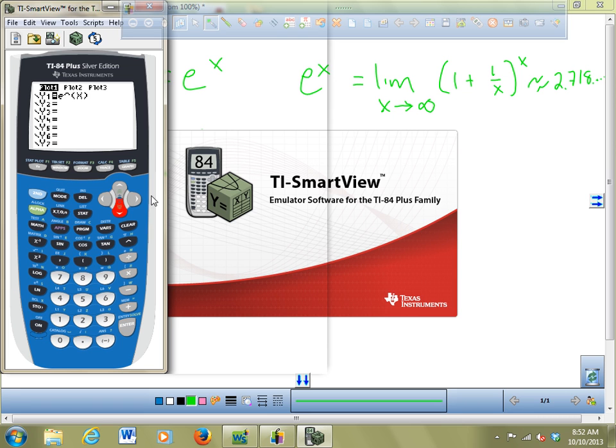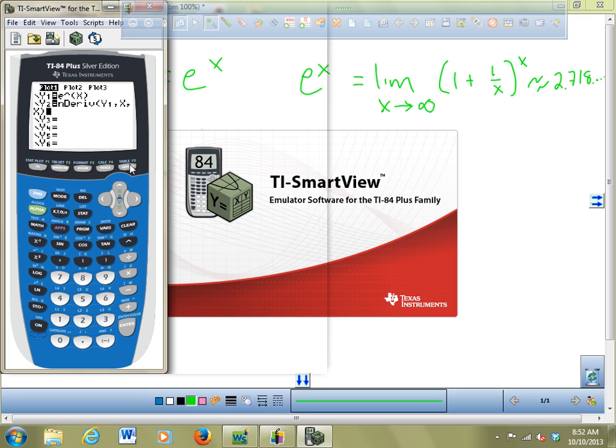Added up or plotted together. And so I'm going to go math 8, numerical derivative of y1, comma x. That means with respect to x, for all values of x in the domain.